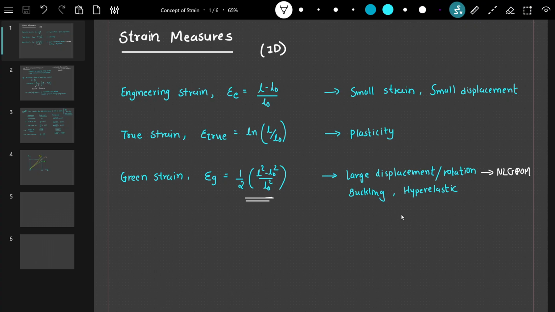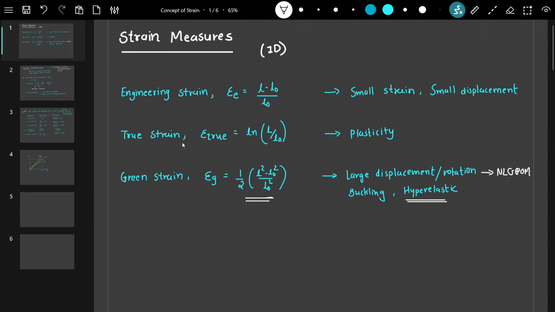Research showed that the strain energy density is more compatible with the Green strain measure. There is no particular physical interpretation or reason; most of the time they are used based on convenience. So it is more compatible and convenient to use Green strain for the strain energy density function, and that is the reason it is used for hyperelastic applications.